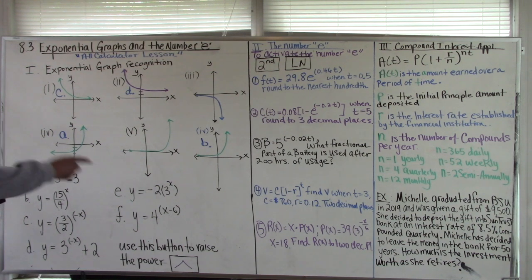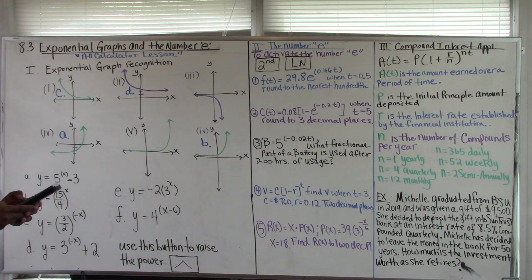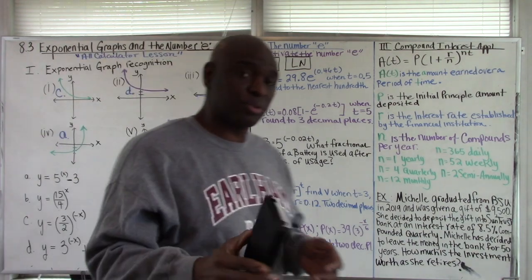Let's go to E. Y equals, clear it out. That's negative 2, parentheses 3 to the x, close parenthesis. It looks like this.